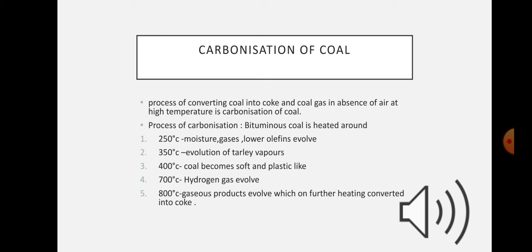At 800 degrees Celsius, gaseous products evolve, which on further heating are converted into coke. So this is the process of carbonization of coal. What is the carbonization of coal? It is converting coal into coke and coal gas in absence of air at a high temperature.